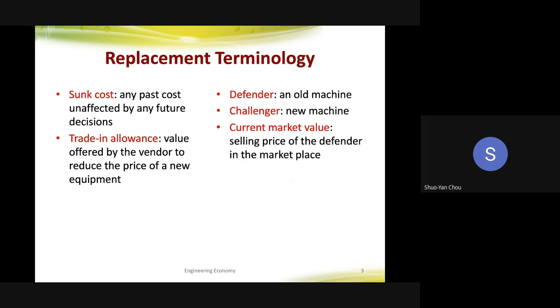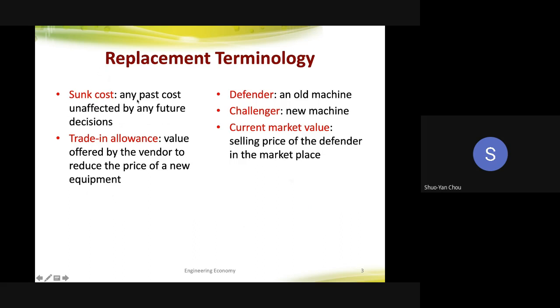What you need to do is objectively take all the cash flow from now to the future and make the analysis. What you have spent, doesn't matter if it's small or big, is gone. You cannot consider it. It shouldn't influence your decision. Okay, that's a very important point. But hopefully you will make that kind of consideration.